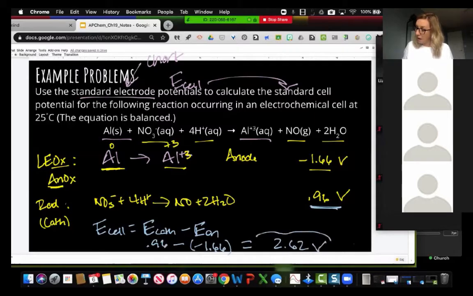So that's my standard cell potential for that particular reaction. Okay, the other thing we notice here is this is positive, which means this would happen spontaneously. So the way that's set up would give you a spontaneous reaction. That would generate electricity on its own if you had those two reactions happening in separate cells. Okay, so that's one form of how you could potentially have to use that E cell equation.